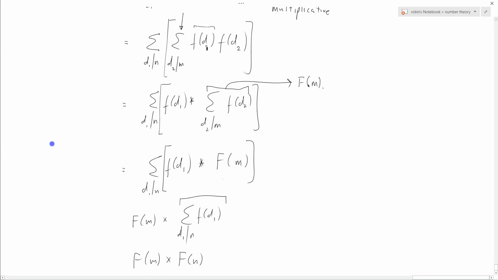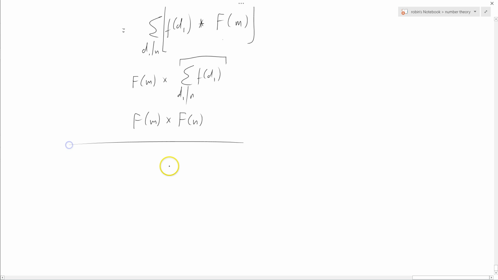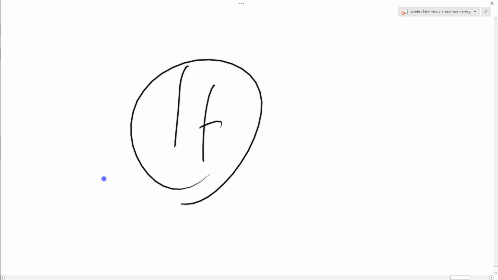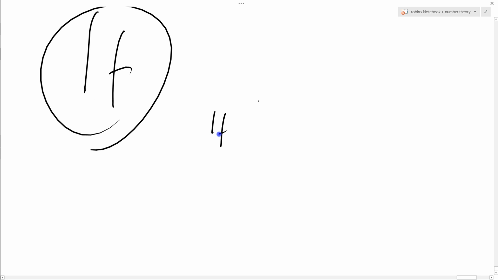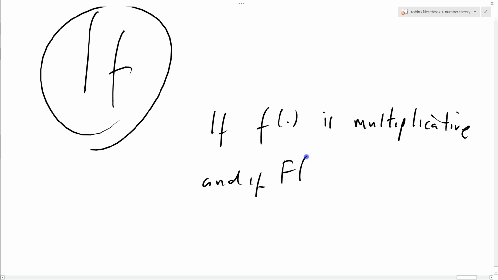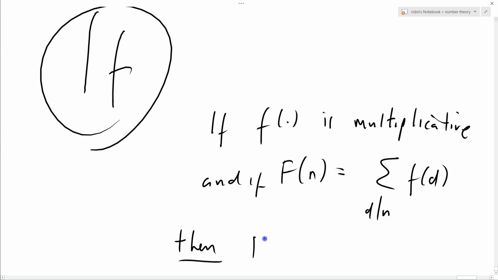So let me say that again: if f is multiplicative, and if capital F of n equals sigma d divides n of f of d, then big F of n is also multiplicative.